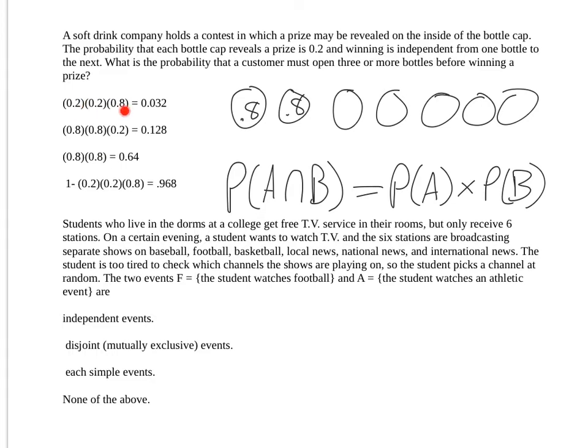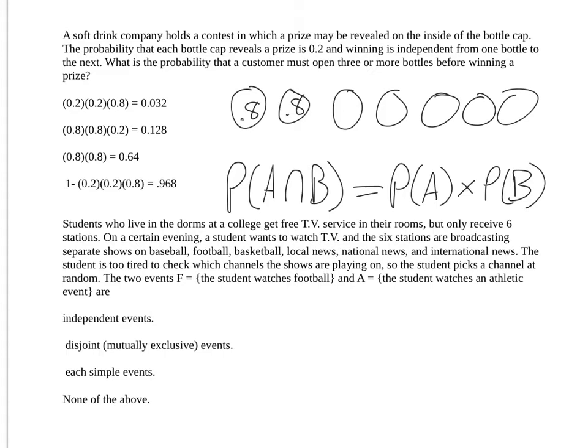Now why are some of these wrong? What are these describing? This one's describing, and you probably wouldn't choose this one, the probability of having 2 winners and then a non-winner, right? This one is probably what would trick most people. This is the probability of having a non-winner, and then a winner. But that's not the probability that a customer must open 3 or more.